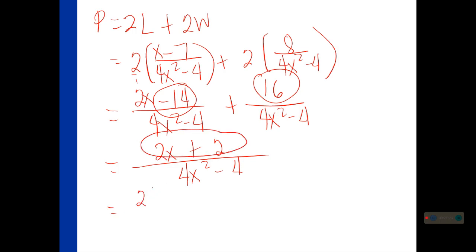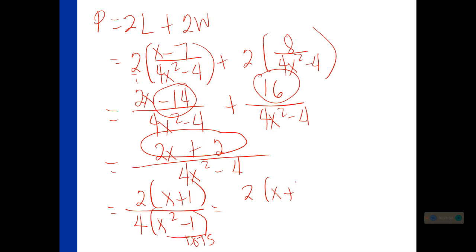So, we will obtain 2 times x plus 1. And then, the common factor of the denominator is 4. You will obtain x squared minus 1. As you have noticed, this is still under our DOTS, so you can still factor it out. So, you will obtain 4 times x plus 1 times x minus 1.